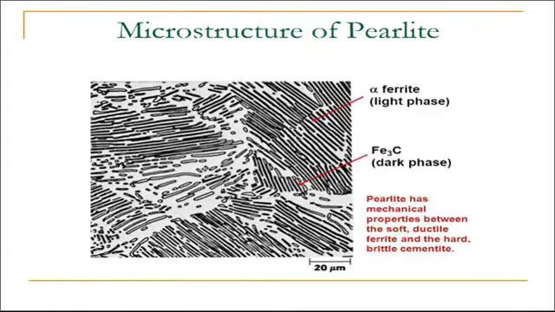Next one is the transformation of austenite to martensite. If the austenite is cooled at a very fast rate, that is athermally, then the morphology or structure formed is known as martensite. The microstructure appears like a rod or needle type, which is generally referred to as martensite. Rapid quenching of austenite to room temperature often results in the formation of the martensitic phase.